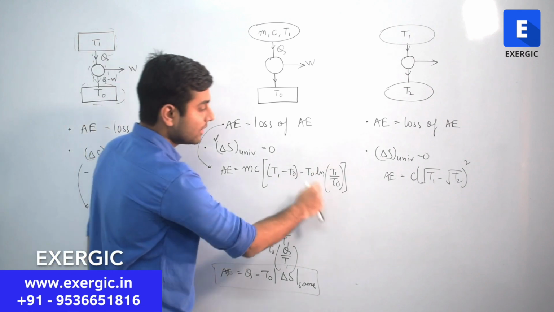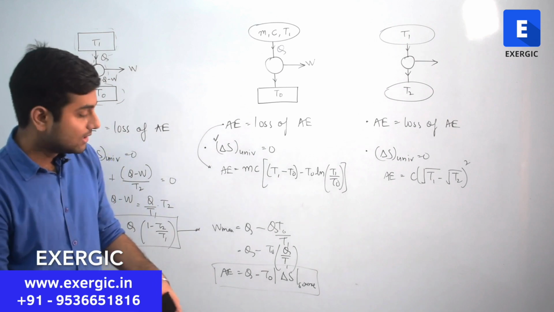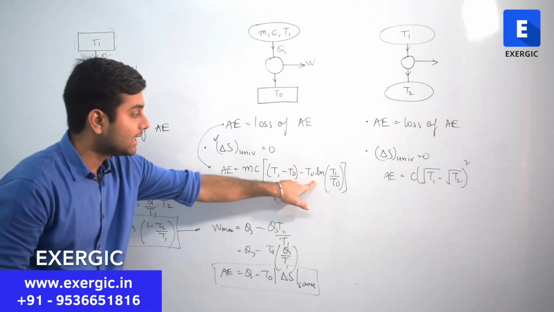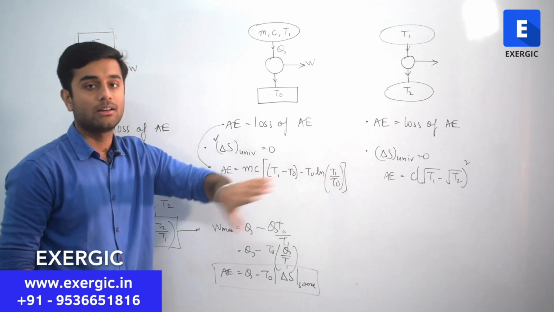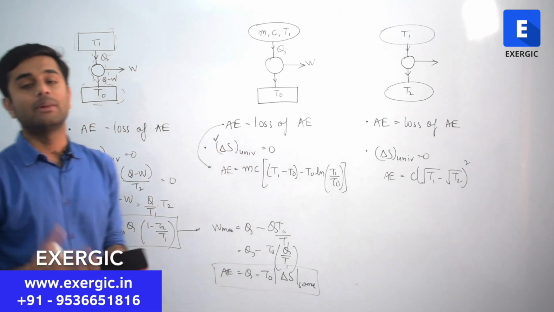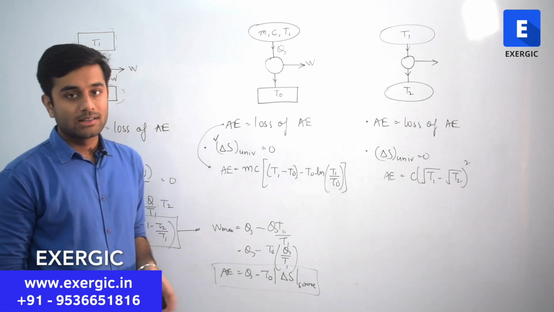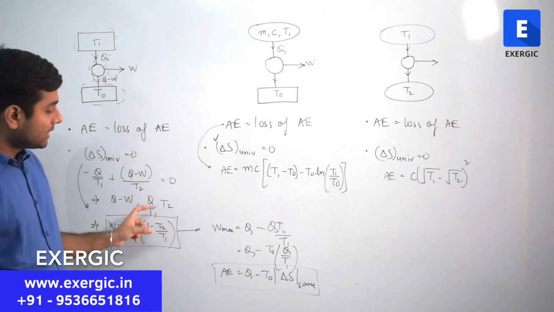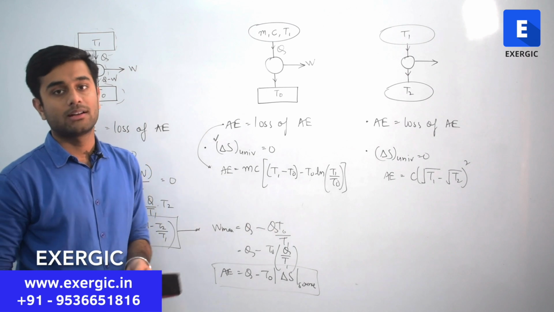So here T1 by T naught is positive already because T1 is larger, hence this value and this value will match, because ln T1 by T naught is obviously positive since the numerator is larger than the denominator, right? In this way you can also connect this expression with this. You may think this one is easier to learn, but I do not recommend learning this, because actually what we are doing is applying this concept directly to this question by generalizing the equation, correct?